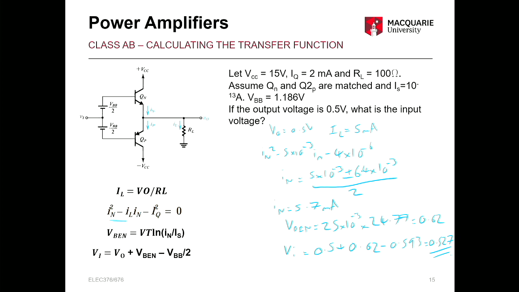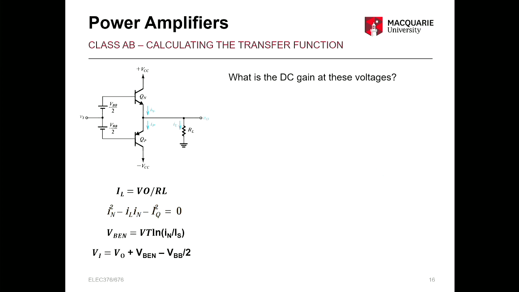So we have V out equals 0.5, V in is 0.527. What's the DC gain going to be? You want to know how to get the gain?